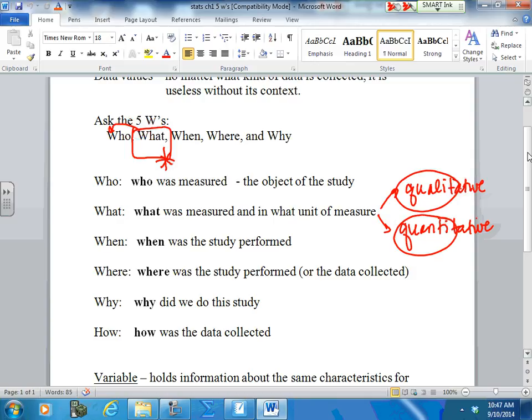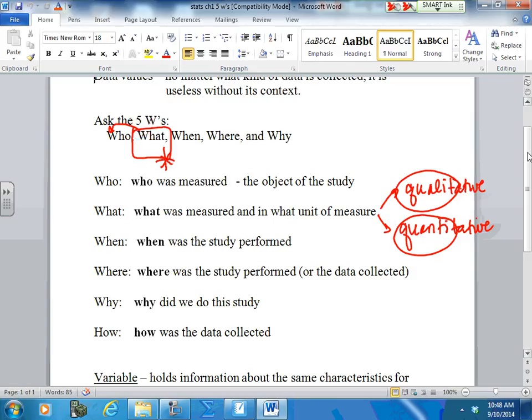If you're able to measure, you usually have some kind of denomination, like height, feet, inches, centimeters, years, days, months, depending on what you're looking at. Qualitative could just be they have blue eyes, they have green eyes, they have a number on their shirt. Those are things we'll break down again.